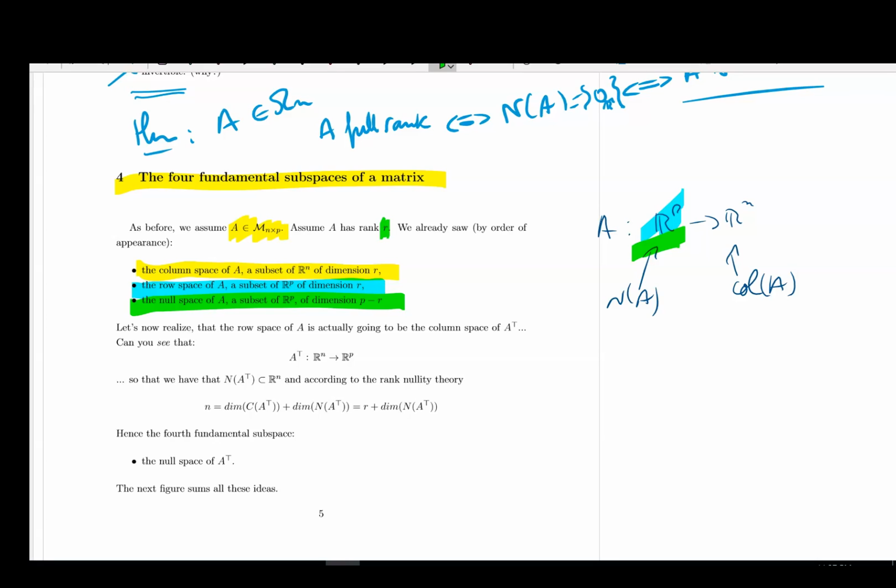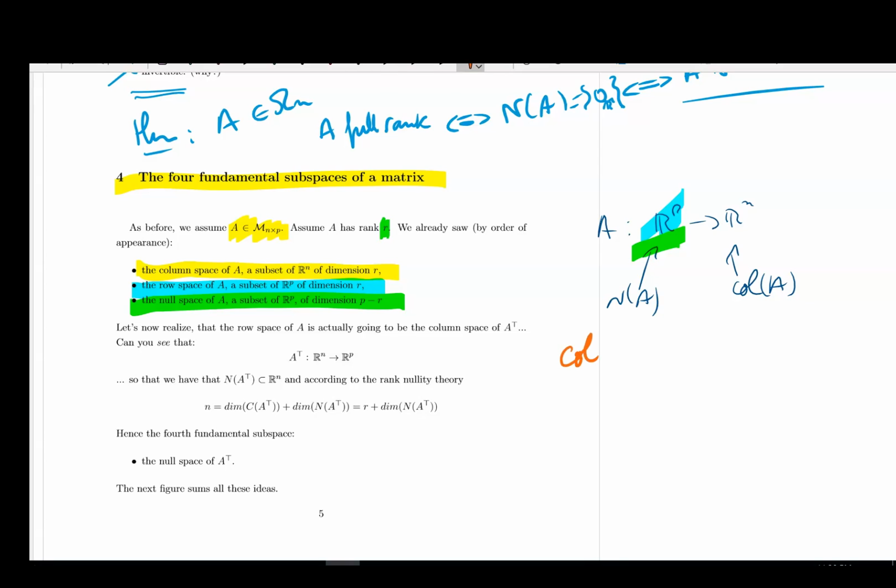Now let's see what the row space is. If you transpose your matrix A, the columns of A transpose are the rows of A. So the row space of A is the column space of A transpose. Maybe I should write that.